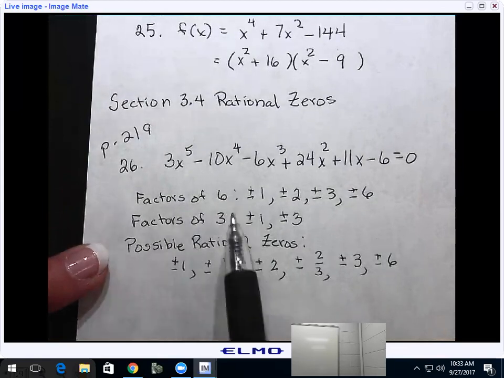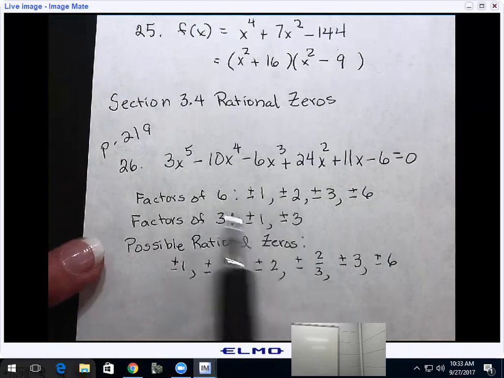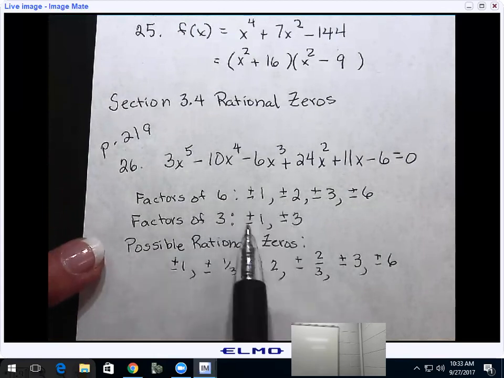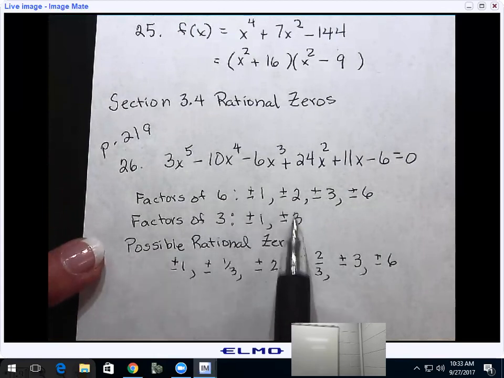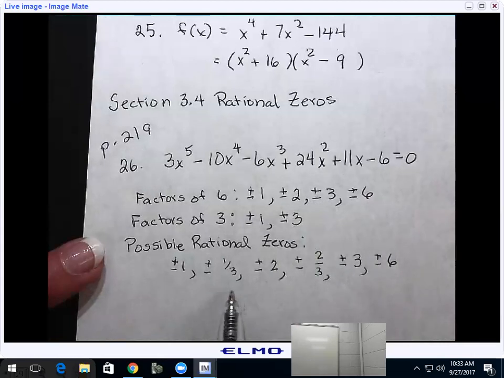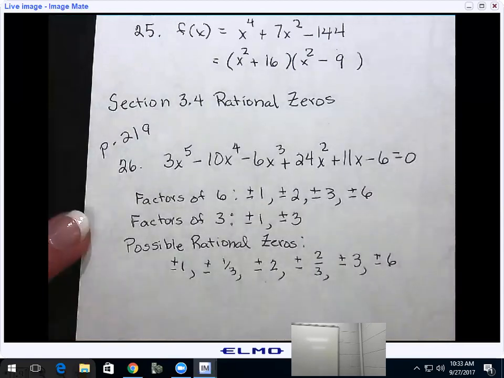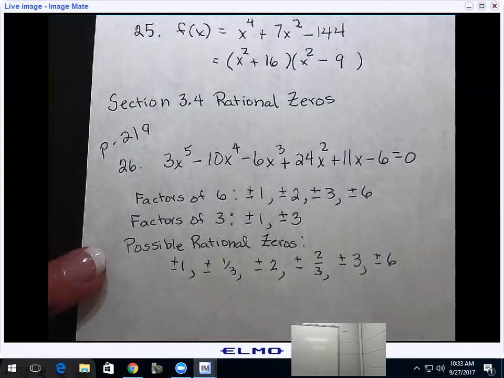Let me see. 1/1, 2/1, 2/3, 3/1, 3/3, 6/1, 6/3. What do you have that I don't? I just missed it for some reason. Okay, so you see it now? Okay. First rational zero.